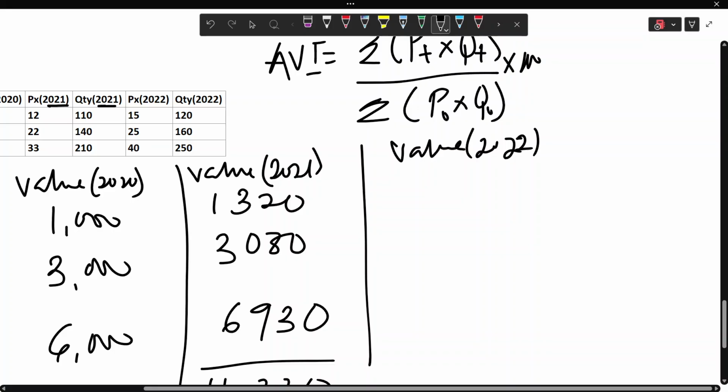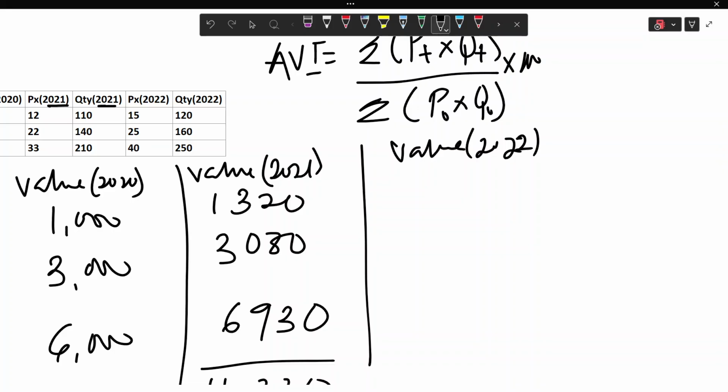Now let's find the value for the last year. The first one is 15 times 120, 1,800. 25 times 160, 4,000. 40 by 250, 10,000.